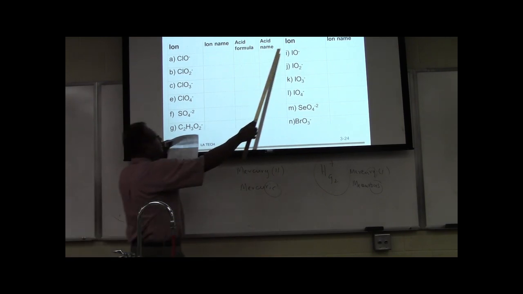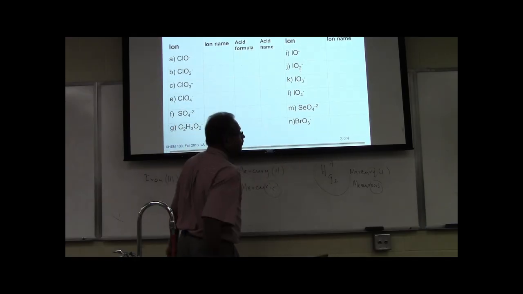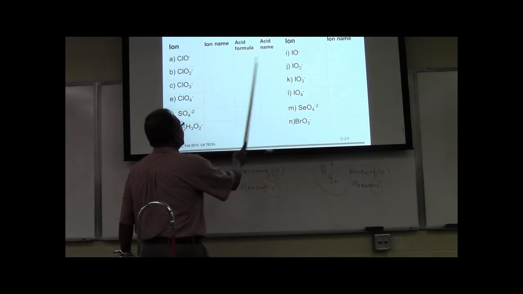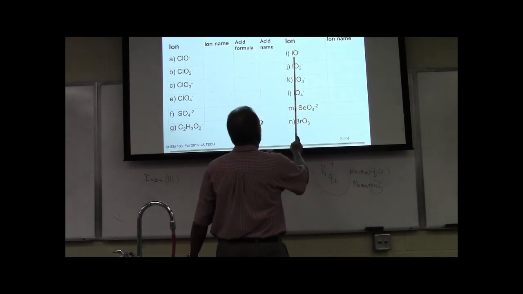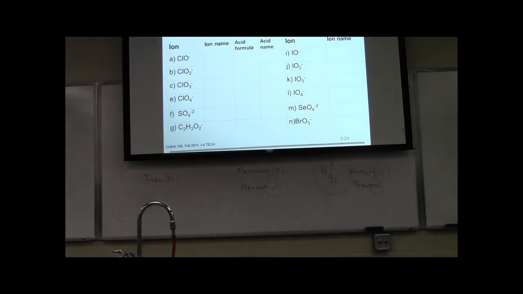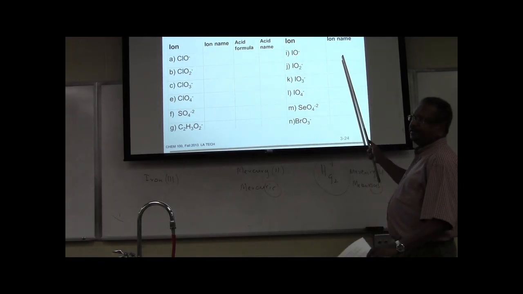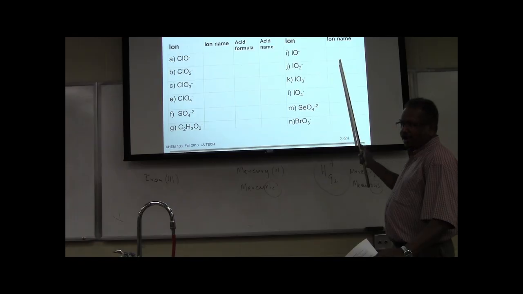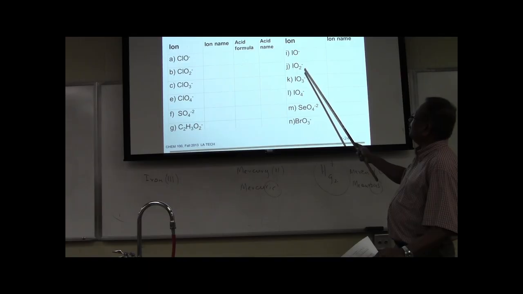Now we extend this argument to similar compounds. Okay? Chlorine. This is iodine. What should be the name of that? This has to be hypoiodite. Hypoiodite.